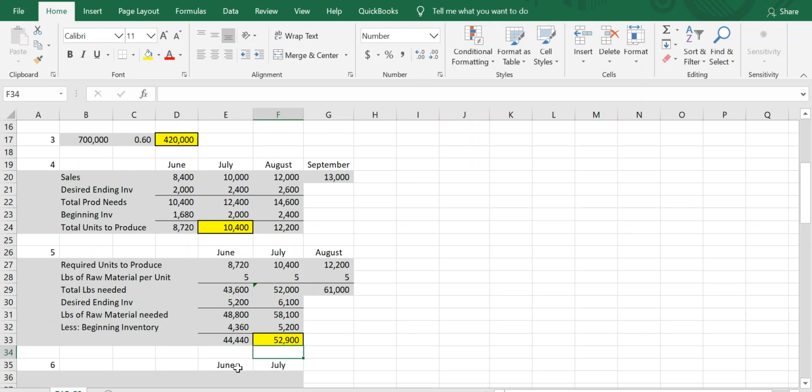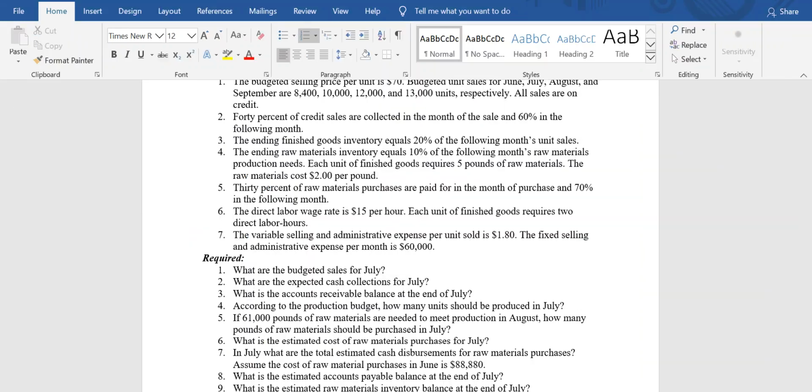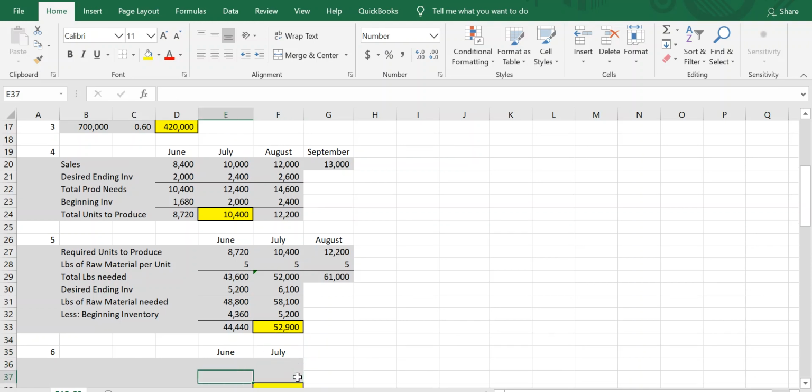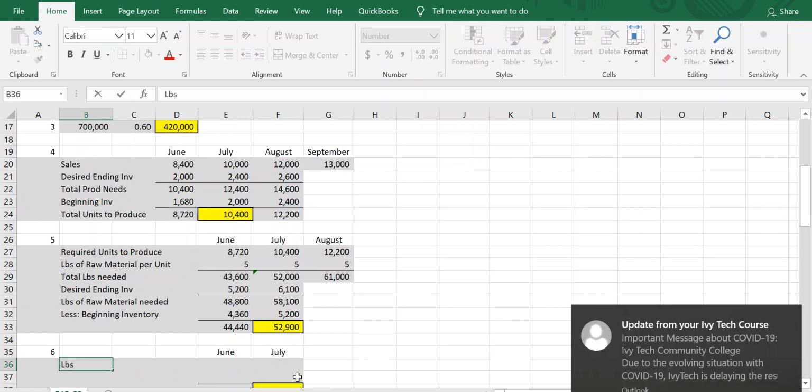That's what, if we look back here, if we go up here to this schedule, it talks about the raw materials cost $2 a pound. So basically, we come back here and we say, all right, whatever we had in June and July, we're going to have the required pounds of raw materials needed.